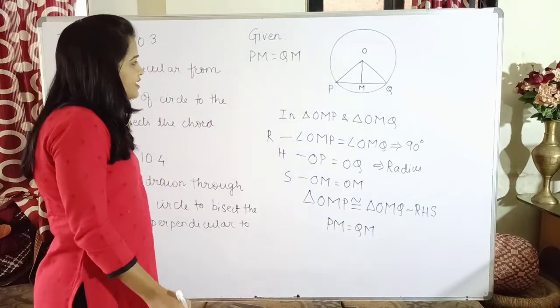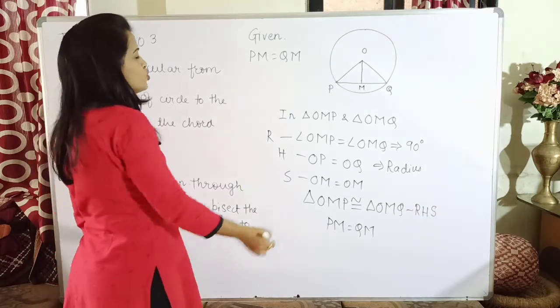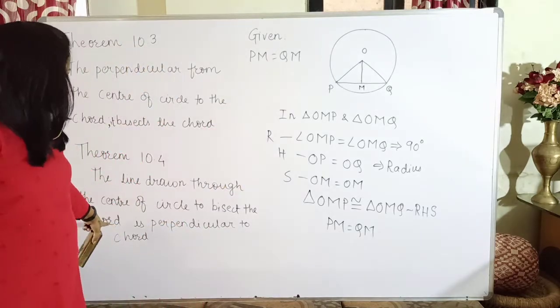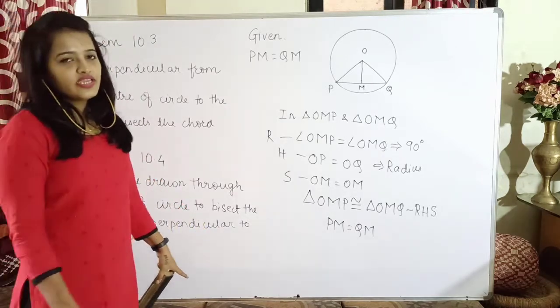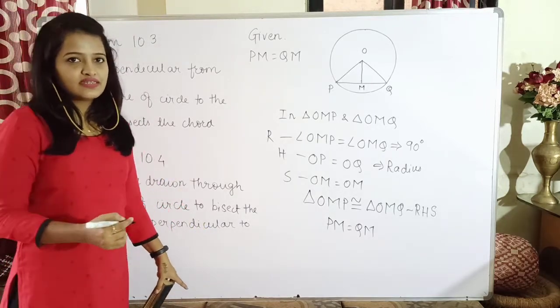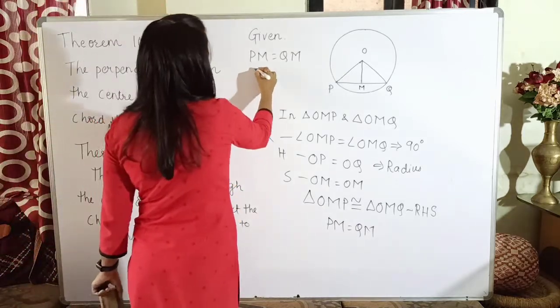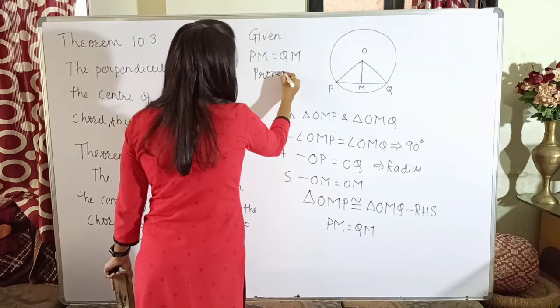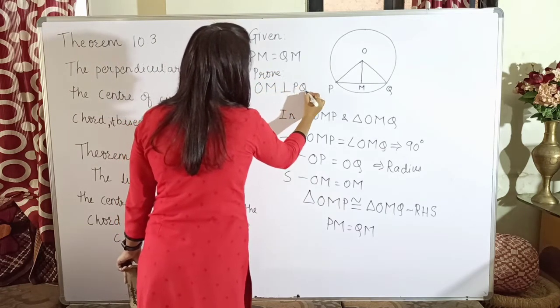Yes. And if PM is equal to QM, you have to show that the line is actually perpendicular to the chord. Okay, the line which you have drawn from the center to bisect the chord is actually the perpendicular line. So your proof would be you have to show OM is perpendicular to PQ.